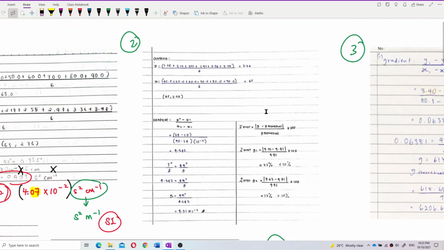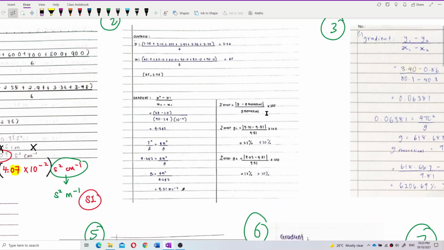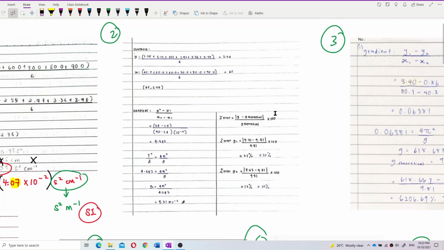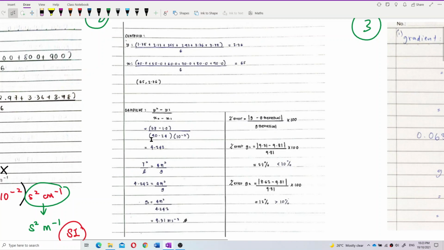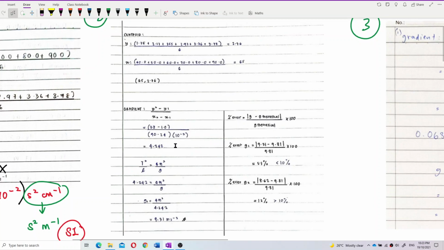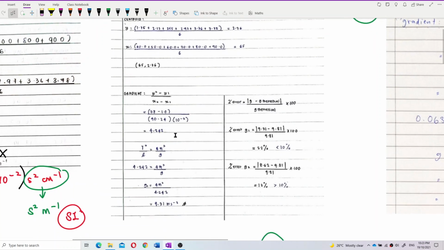Next, this person. Look at this person. What is the mistake? Look at how it is written. Where's the gradient unit? You don't have the gradient unit.